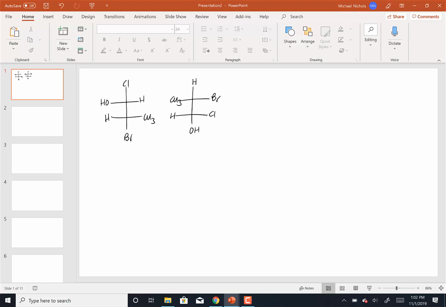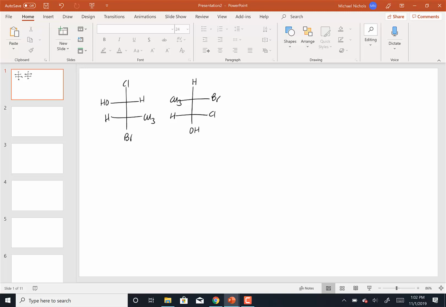Let's say you had these two molecules, and the idea is to determine are they same not meso, same meso, diastereomers or enantiomers. If you were going to go through a process to look at this, and I'll be honest, I haven't had a chance to think of a flow chart, but my process would start with this.